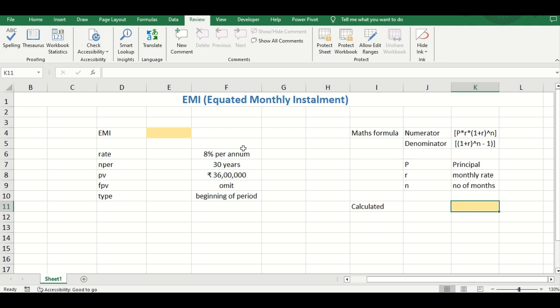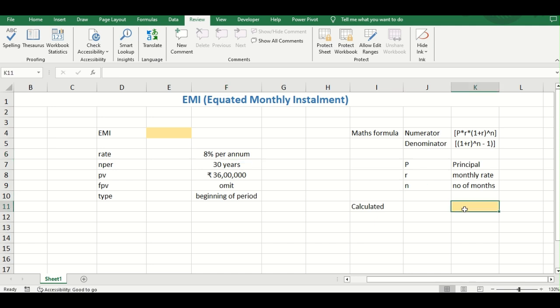So if we use that, say in our case we are taking an example where we are taking a home loan of 36 lakh rupees for 30 years, and the rate of interest is 8% per annum.